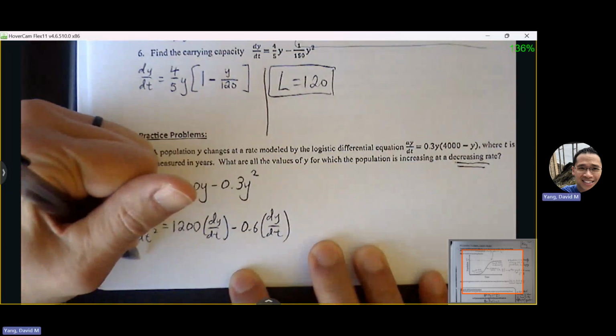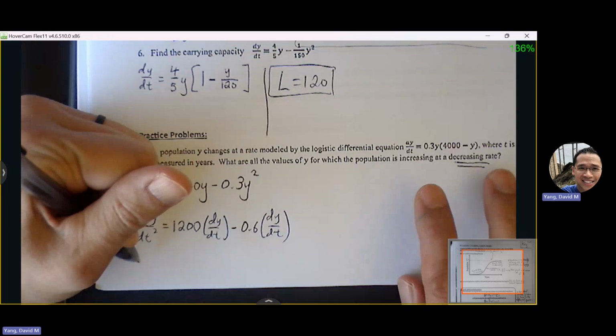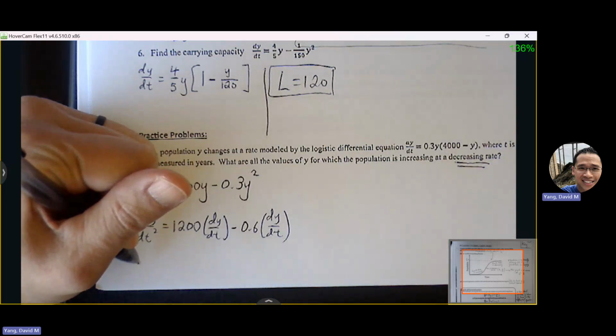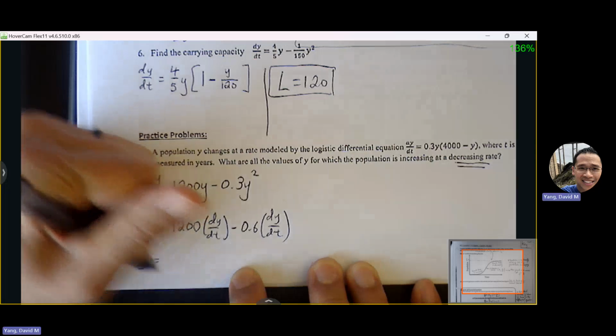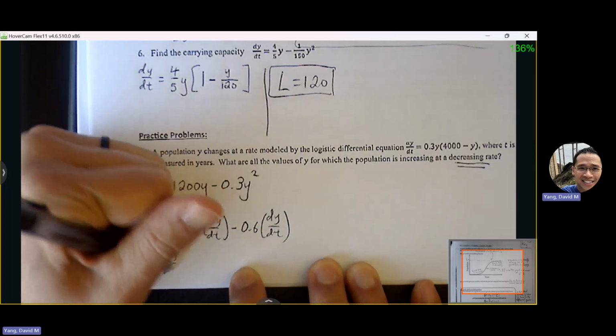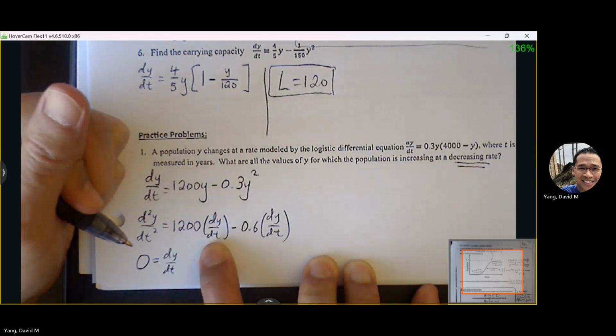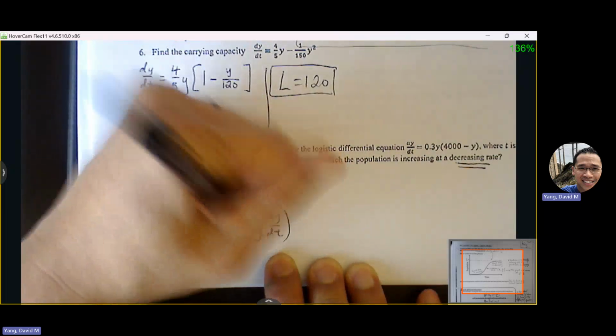I basically want to find my sign line for my y prime and my y double prime, so I can factor out that dy dt. Oh yeah, sorry, you're right, 0.6y.